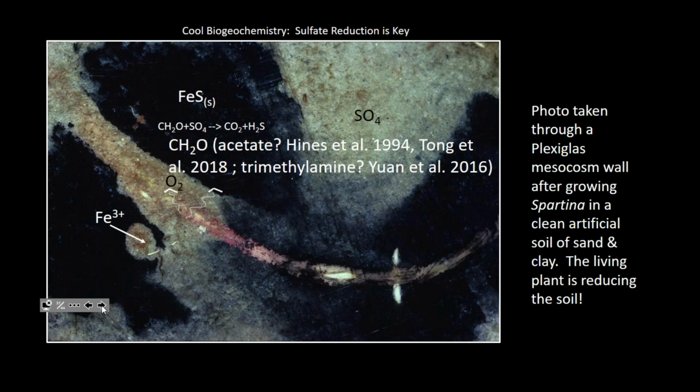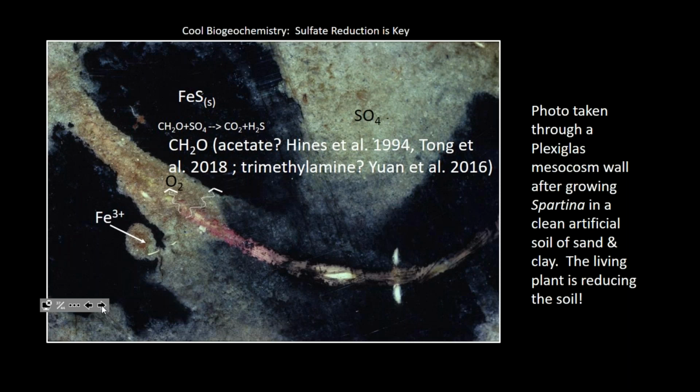So look what you have here. There's a root there with some ferric iron. This black stuff, this is iron monosulfide. So this is highly reduced out here. And there's this little halo of oxidized rhizosphere right around here. So what's happening, I think, is that this has got to be from acetate.